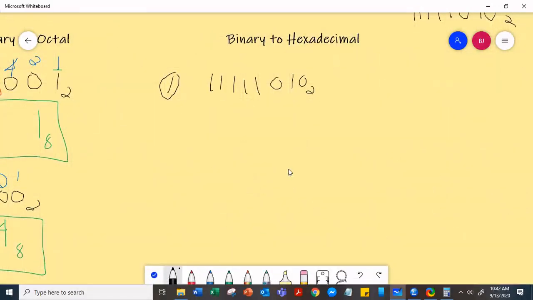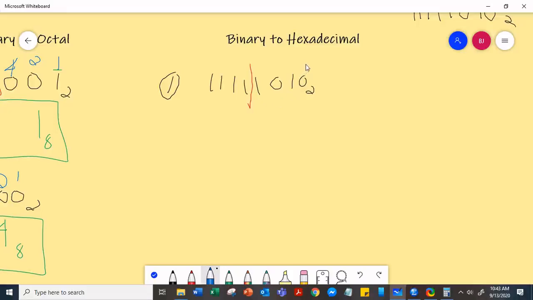So we group them by 4 bits. So we have 1, 2, 3, 4, and 1, 2, 3, 4. Just like with conversion to octal, we add additional bits of zeros if the number of bits is not enough to create a group of 4.